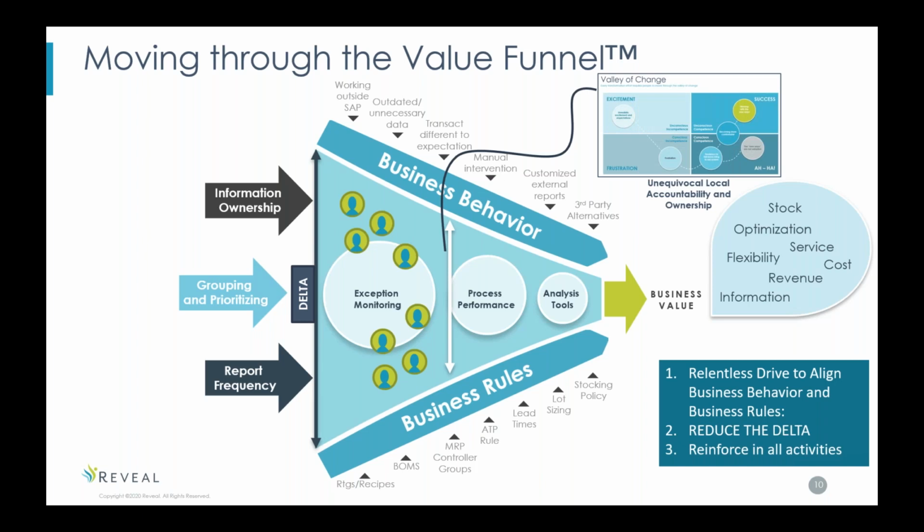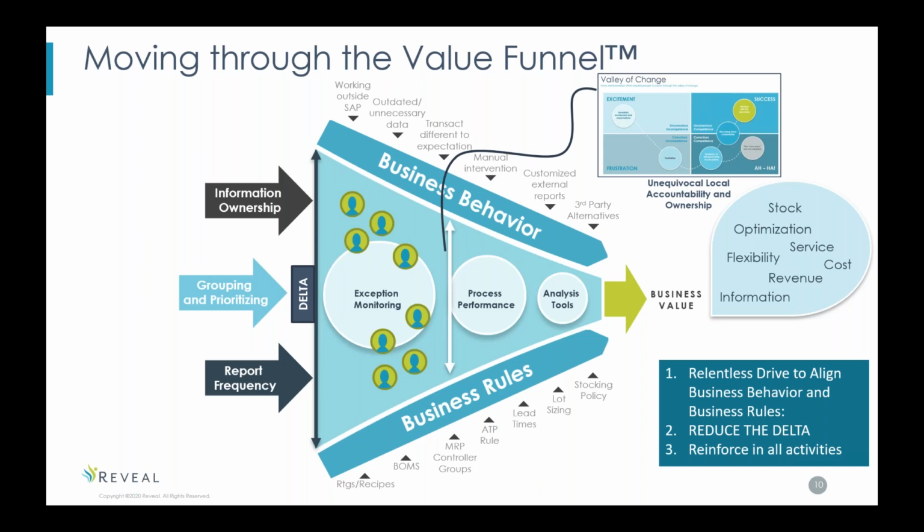Initially, there's that excitement, of course, as the work has to be done to get those business rules and the business data to align. You may go through frustration, but then your users begin to see, yes, those aha moments begin to come, and that is what, if you like, drives success.